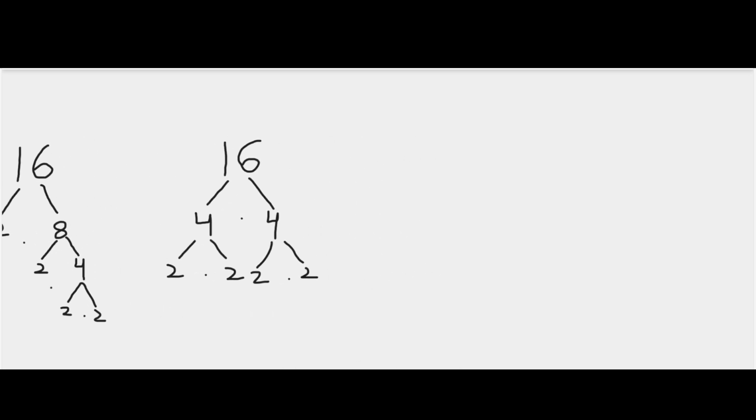We can do another big one. We can do 75. I'll let you see if you can think of one really quick. I'll give you like 10 seconds. So look at this, draw it out.